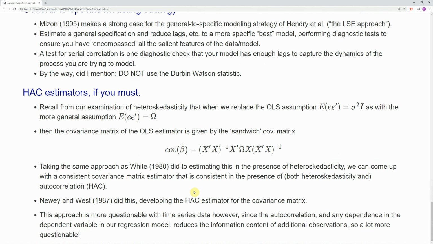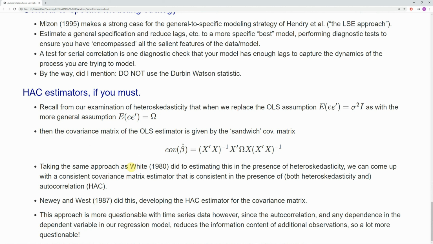Just like the case of heteroskedasticity, where we introduced the HCCM, the heteroskedasticity-consistent covariance matrix, here we have these HAC estimators that are going to be consistent for autocorrelation. In the case of heteroskedasticity, White ended up creating that estimator, thus it was called the White estimator.